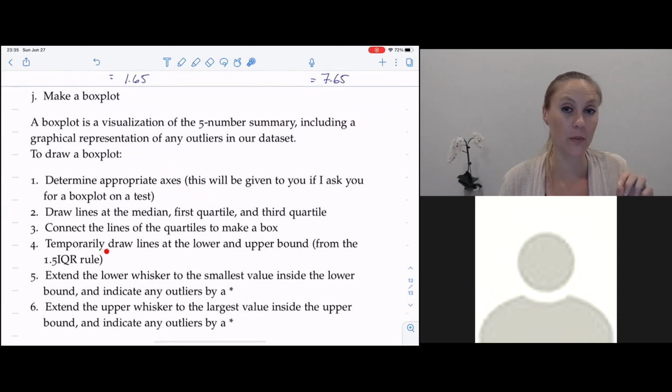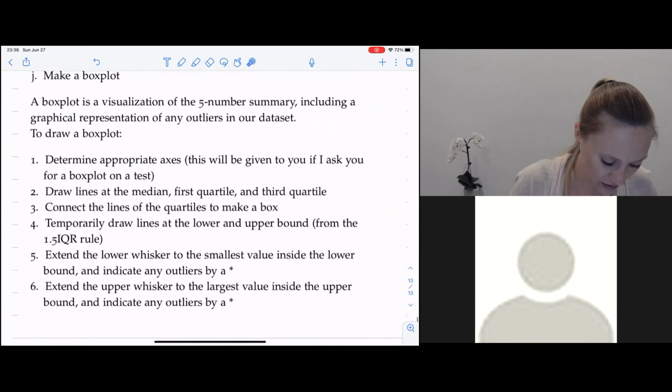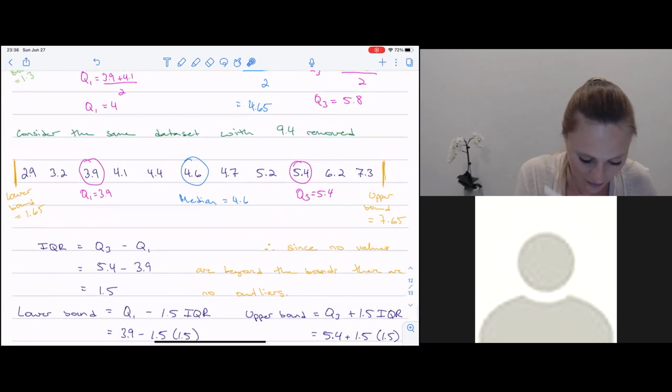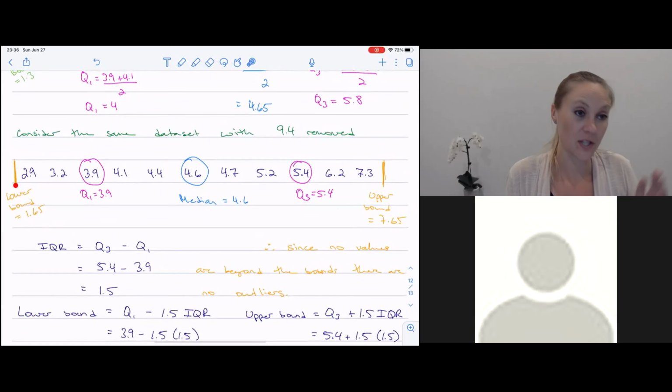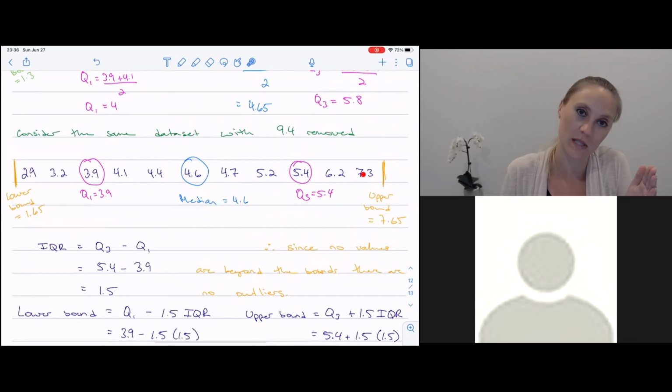Then you're going to temporarily draw lines at the lower and the upper bound from the 1.5 IQR rule. But then the lower whisker is going to go to the smallest value inside the bounds. It might make more sense once you've seen what a box plot looks like. But for example, here, the smallest value inside the bounds would be 2.9, and the largest value inside the bounds would be 7.3.